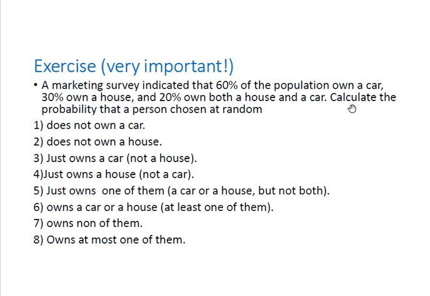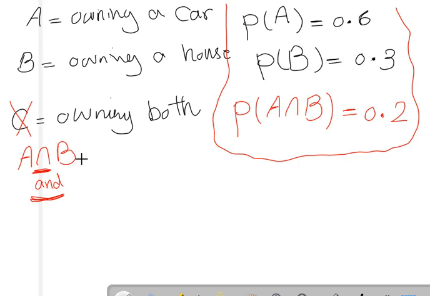First, the probability that a person chosen at random does not own a car. Okay. For 1, when owning a car is A, not owning a car is A prime. So in number 1, we should calculate the probability of A prime.